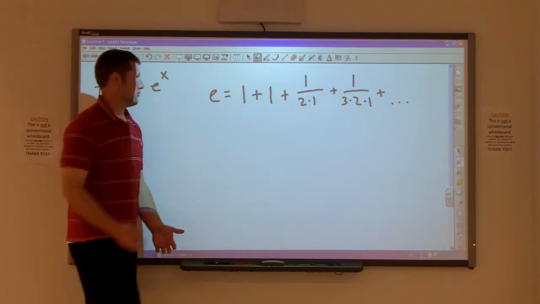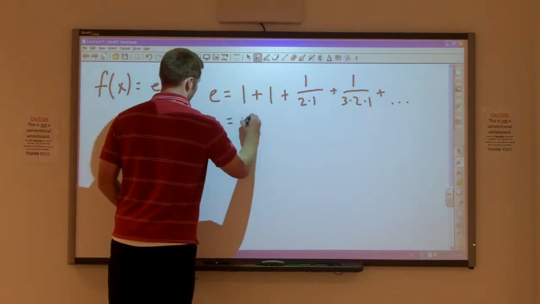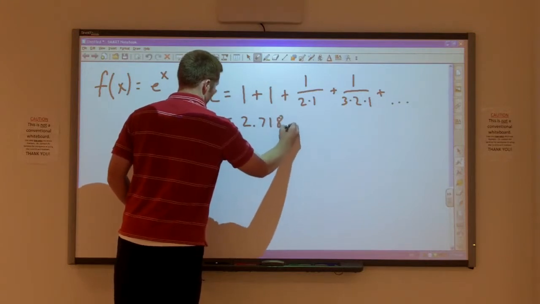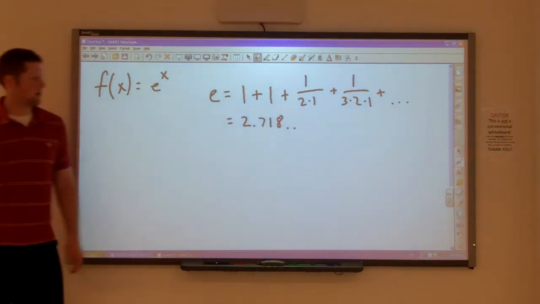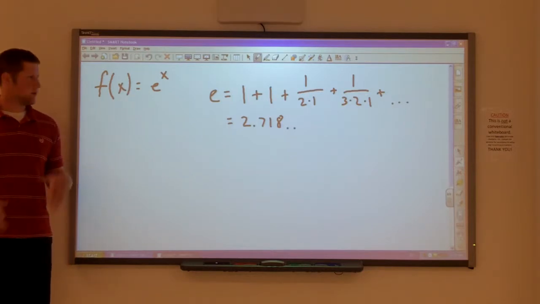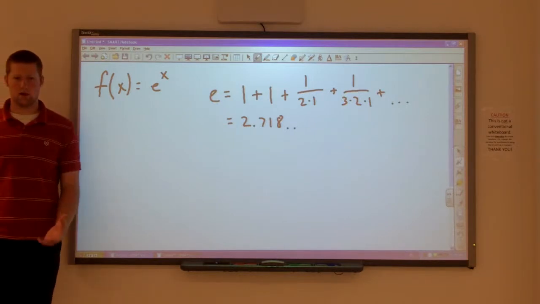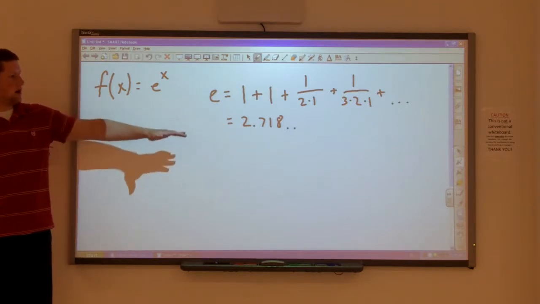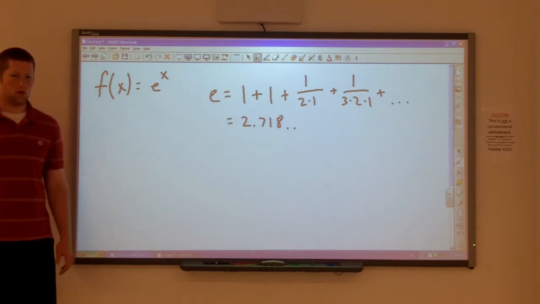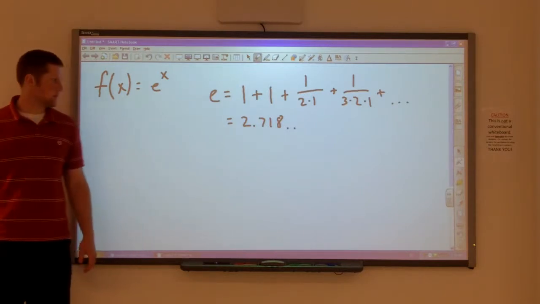And when we add up all those numbers, e comes out to about 2.718 with some more decimals, but that's usually how you see e expressed. Again, we won't go into why it's so mathematically relevant. However, bear in mind that you will see e in your future classes, and you should know where it comes from and what it means.